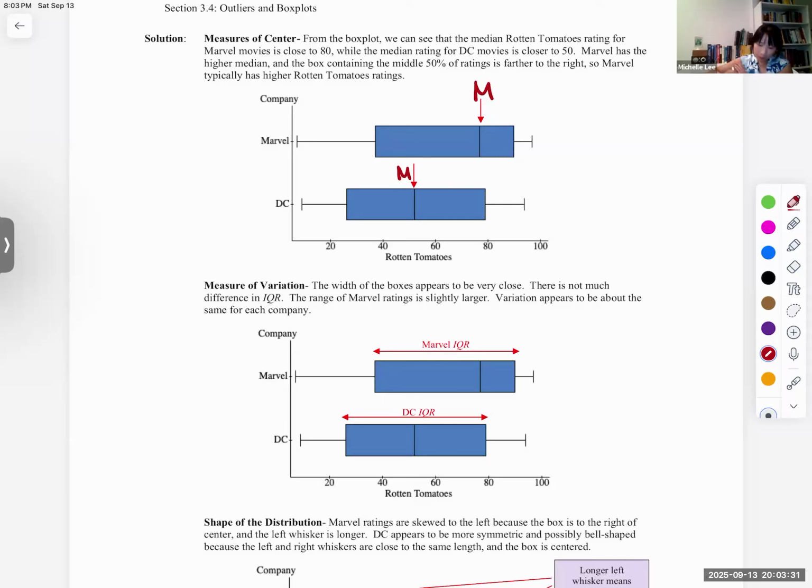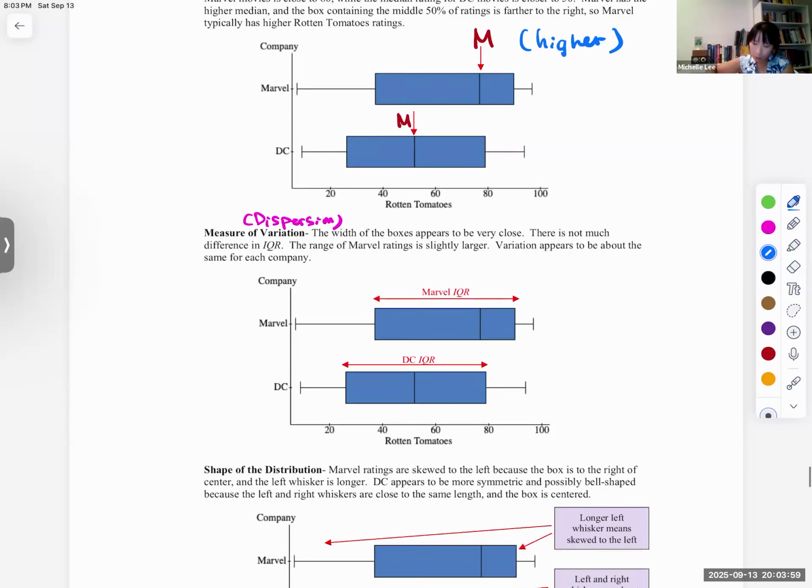And then let's talk about measure of variation. Variation means the dispersion, right? So dispersion. And which one is more dispersed?